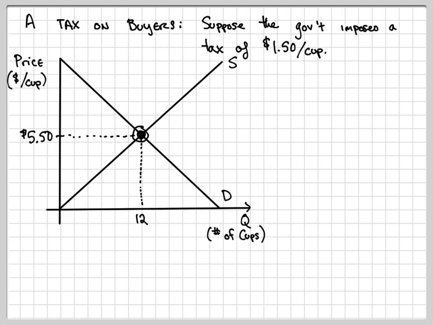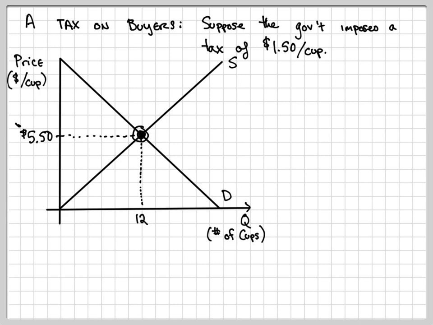Okay, so here's our supply and demand curve. And now we're saying that there's a tax. So if there's a $1.50 per unit tax, and we know that when the price is $5.50, demanders are willing to buy 12 cups of coffee. So in order for the buyers to want 12 cups of coffee after the tax, the price would have to fall by $1.50.